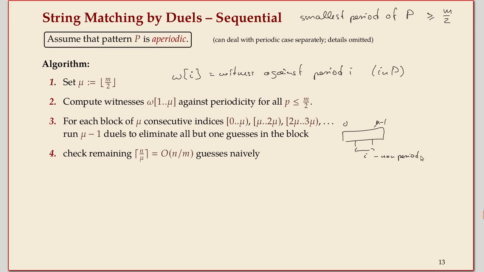So I can find a witness for this non-period, and I actually pre-computed it. It's omega of I. And by comparing the text character at those positions with the pattern, I can eliminate one of those 2 positions. Okay?